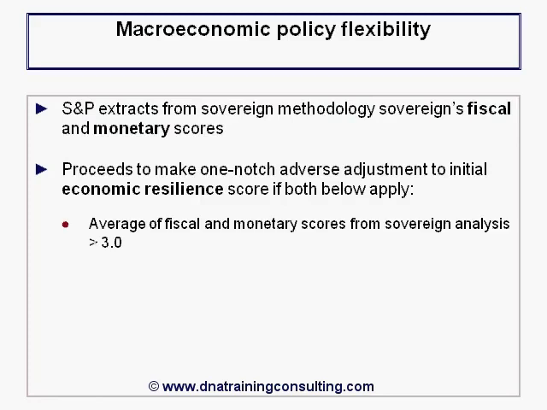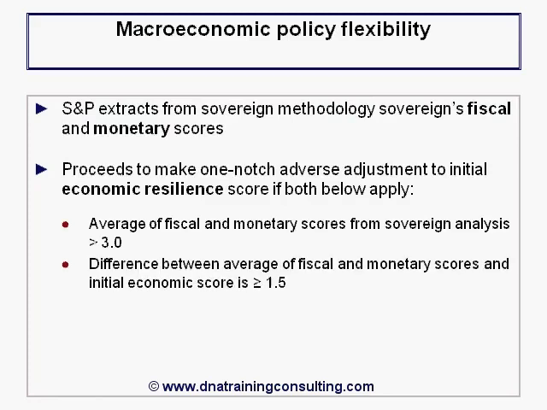The average of the fiscal and monetary scores from the sovereign analysis is higher than 3.0, and the difference between the average of the fiscal and monetary scores and the initial economic score is equal to or greater than 1.5.